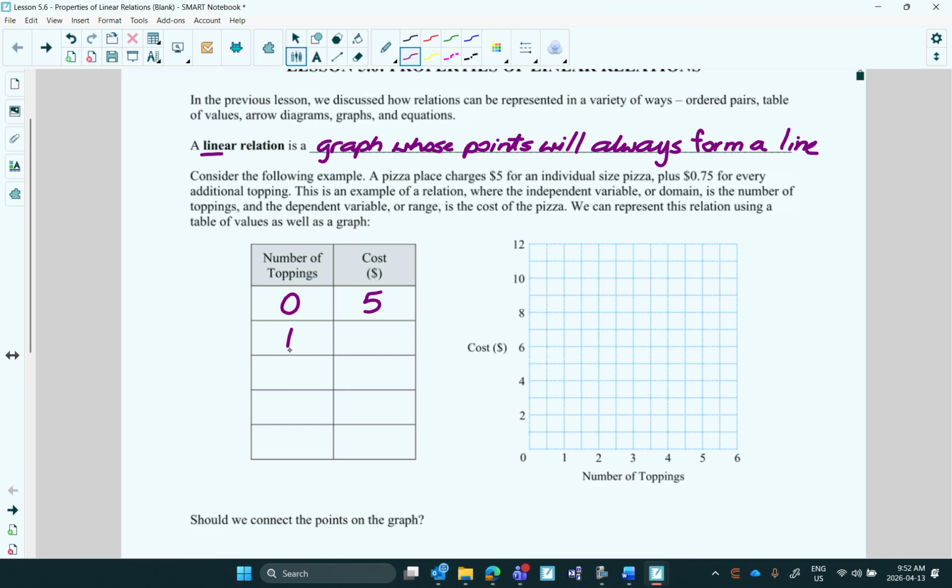Let's say you get 1 topping, $5.75. 2 toppings, $6.50. 3 toppings, and 4 toppings, $8.